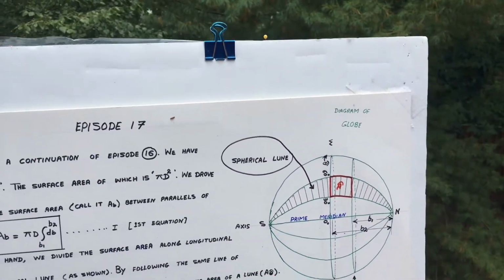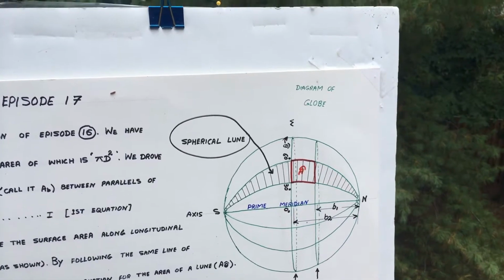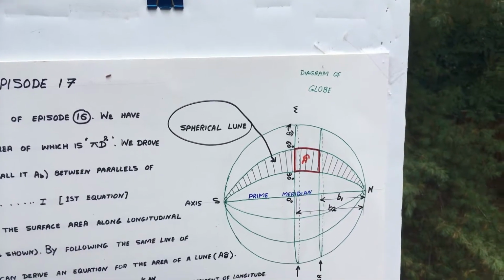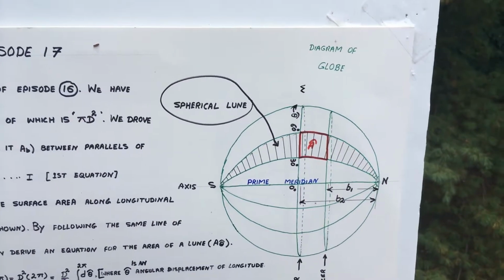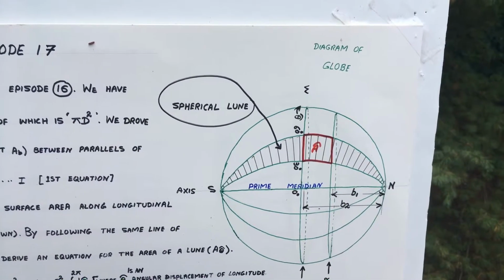We'll first start with this diagram. It's the diagram of the globe, and there are quite a few symbols here. We'll try to understand.